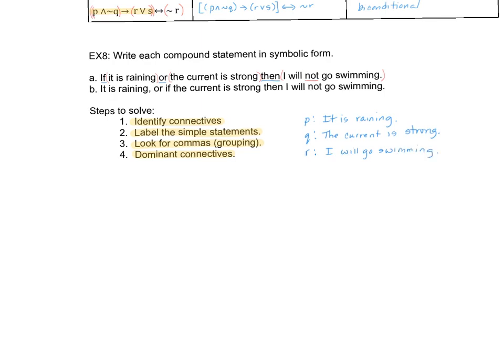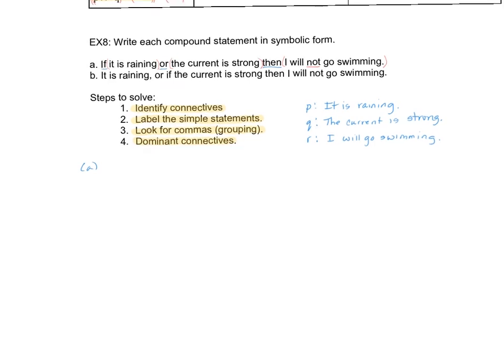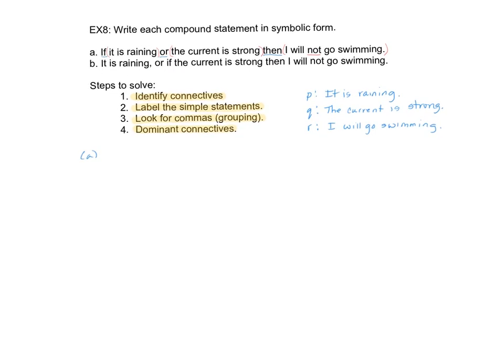Okay. So I've identified my connectives, I've labeled my simple statements. I'm going to look for commas. There are no commas in part A. So I'm going to directly translate it into symbols. I have it is raining or the current is strong. That would be if P, it is raining, or Q, the current is strong, then not R. I will not go swimming.